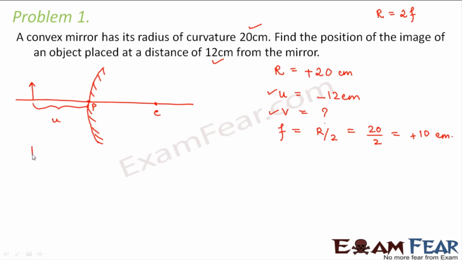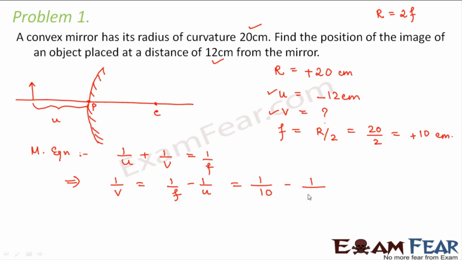Now we will make use of the mirror equation. As per the mirror equation, 1 by u plus 1 by v is equal to 1 by f. So now let us put the values of u and f in this equation so that we can calculate the value of v. So we get 1 by 10 minus 1 by minus 12.